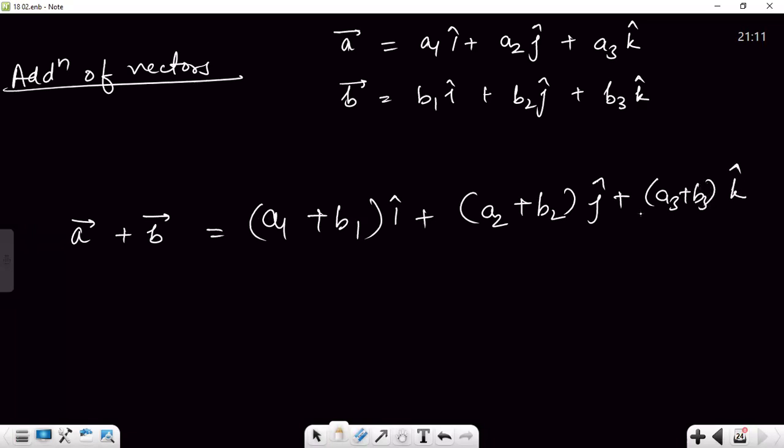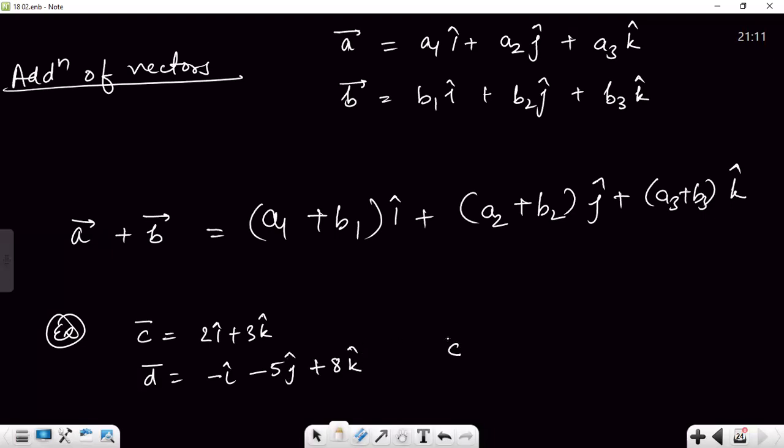Let's take some examples. For example, vector C is 2 i cap plus 3 k cap. Vector D is minus i cap minus 5 j cap plus 8 k cap. You have to find out C plus D. How will you find out?